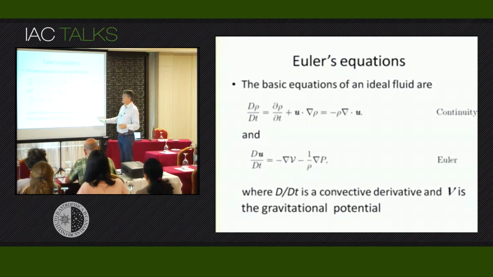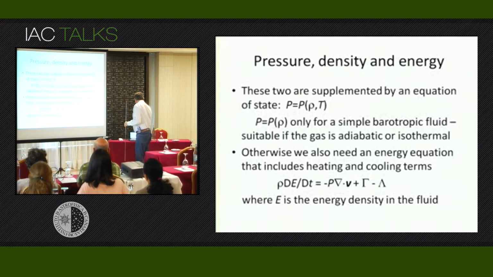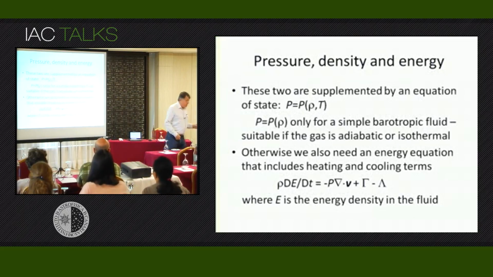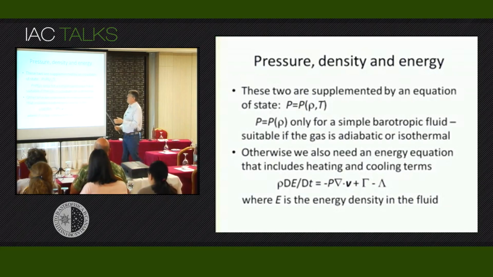If you've got pressure forces, the gradient of the pressure and the gradient of the gravitational potential are the two forces which determine the motion of the fluid element. Now you have to worry about what the equation of state of your fluid is. Generally speaking, the pressure is a function of density, temperature, and possibly other variables as well.